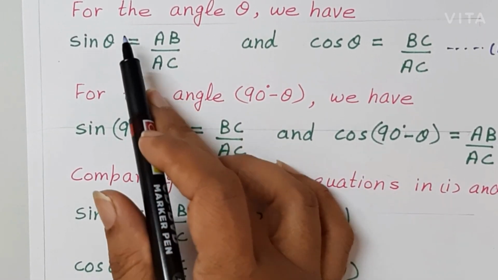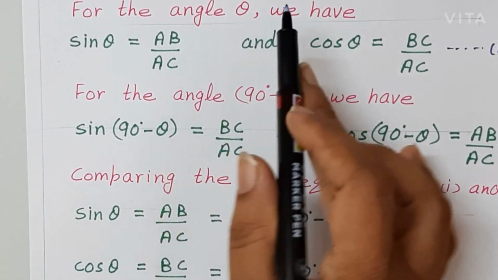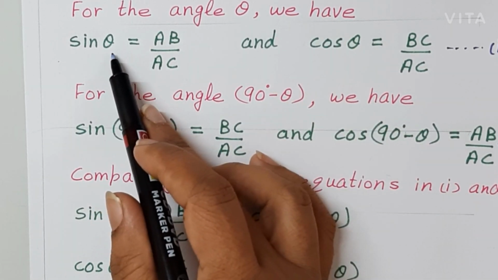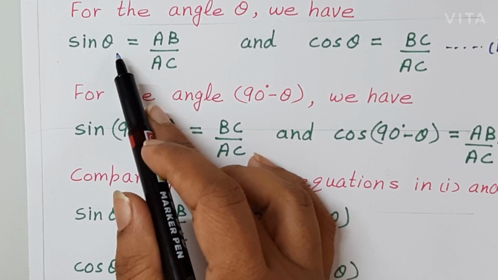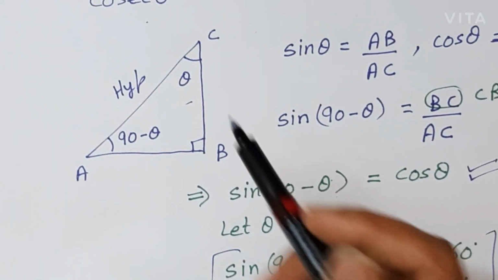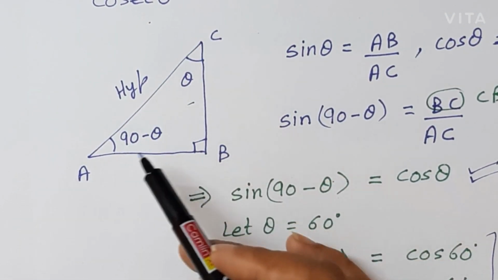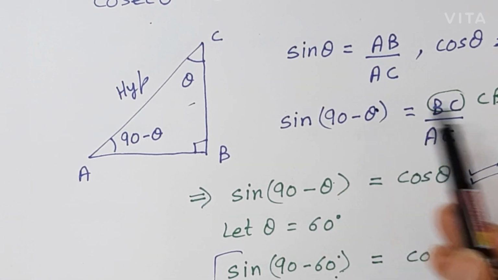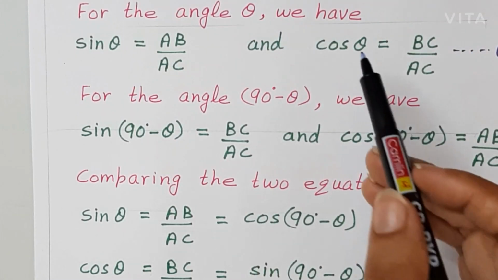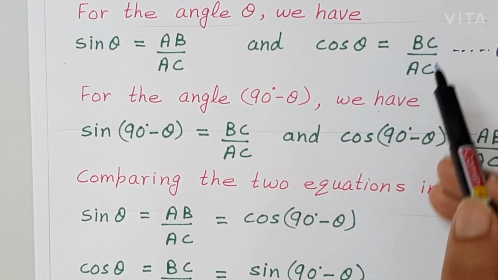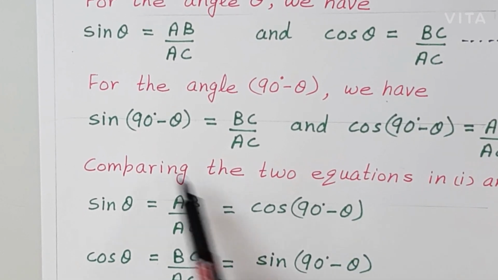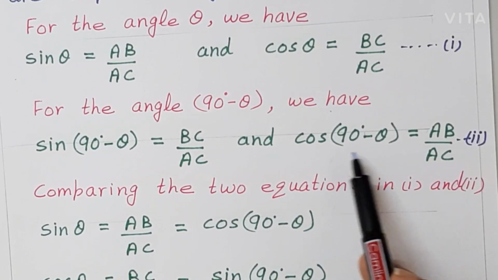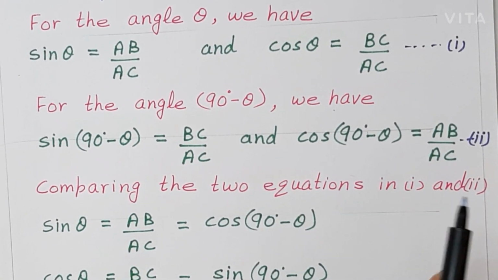So students, for the angle theta, what have we discussed? Sin theta is equal to, what was sin theta equal to? That is AB upon AC. Clear? Similarly, cos theta will be BC upon AC. And similarly, we can discuss cos 90 minus theta, which we have discussed just now.